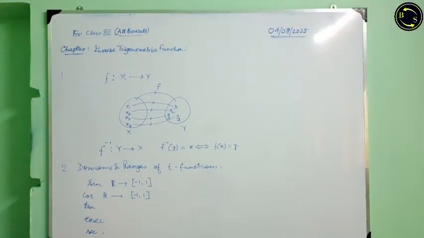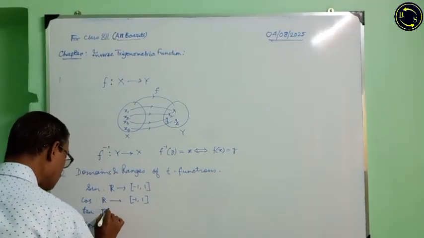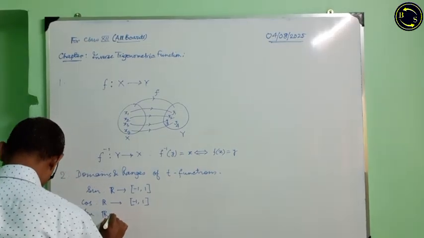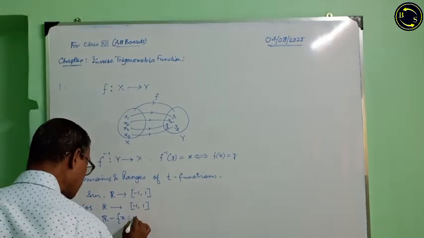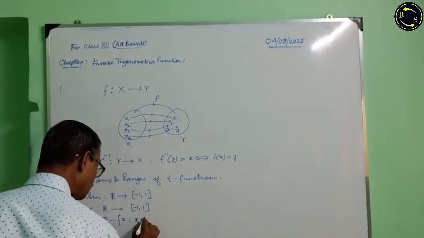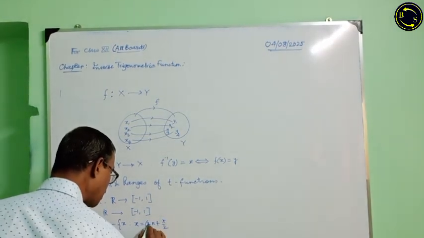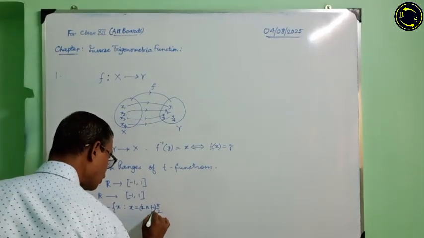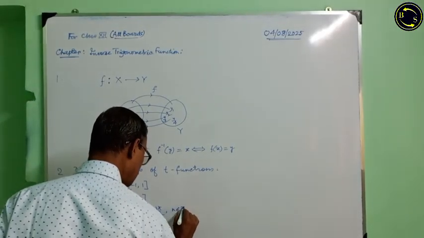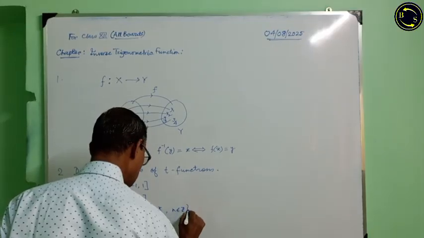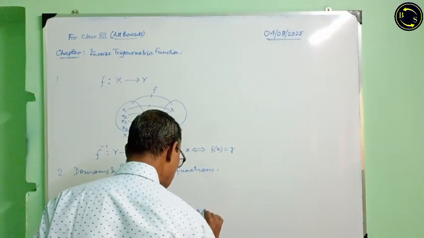For tan function, domain will be R minus set of x such that x is equal to 2n plus 1 pi by 2, where n is set of integers, and range is set of reals.